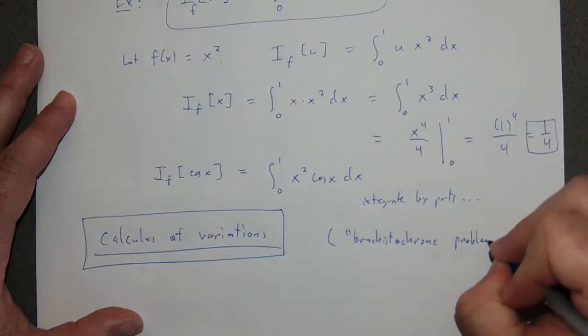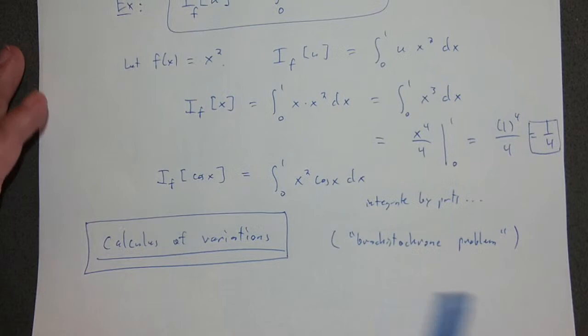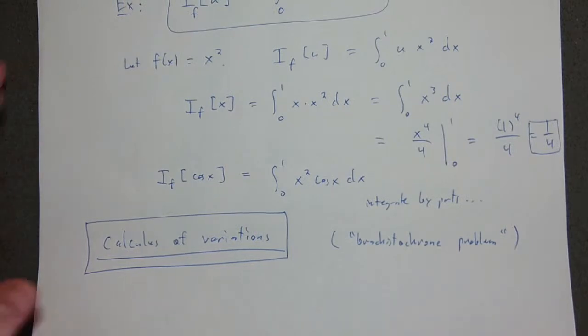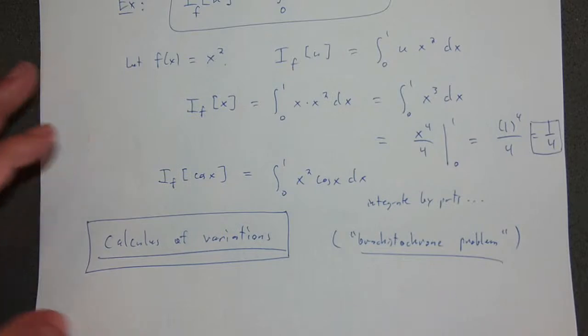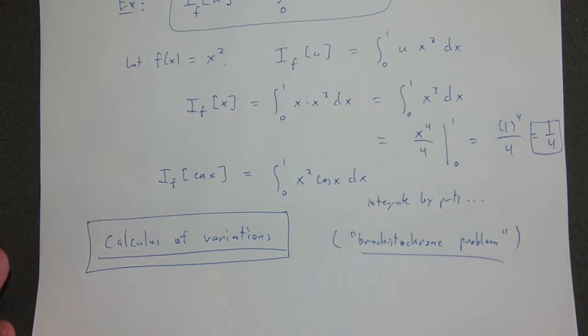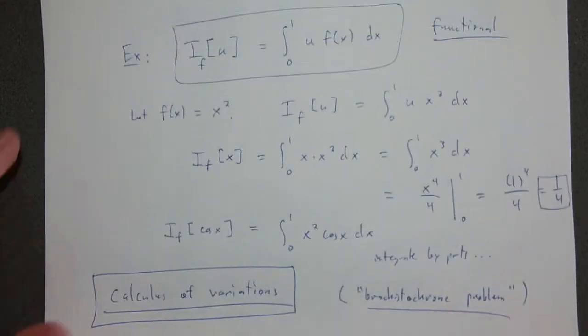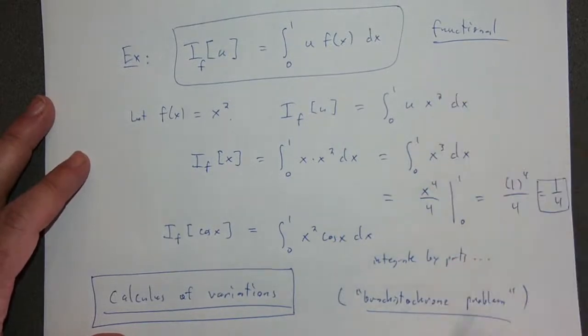This was the first problem in the calculus of variations, but there was no systematic way of studying it. This was a single problem. The methods used by Bernoulli and Newton only applied to that particular problem. There was no systematic understanding of the larger question of how you minimize a functional.